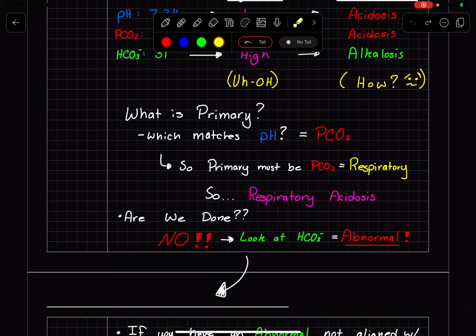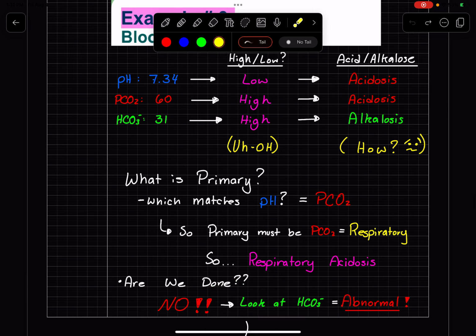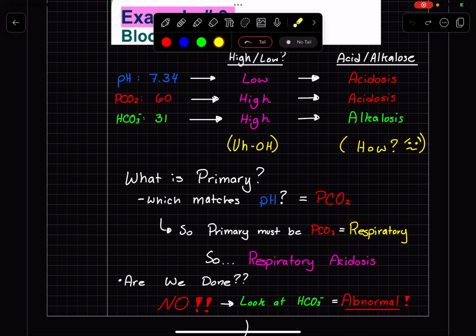Okay, so first we want to ask this first question, and this is rule 1. What is the primary? Primary is the one that mimics the pH. Okay, out of these ones, which one mimics? Well, pH is acidosis, so look at the other acidosis. The other acidosis is CO2.